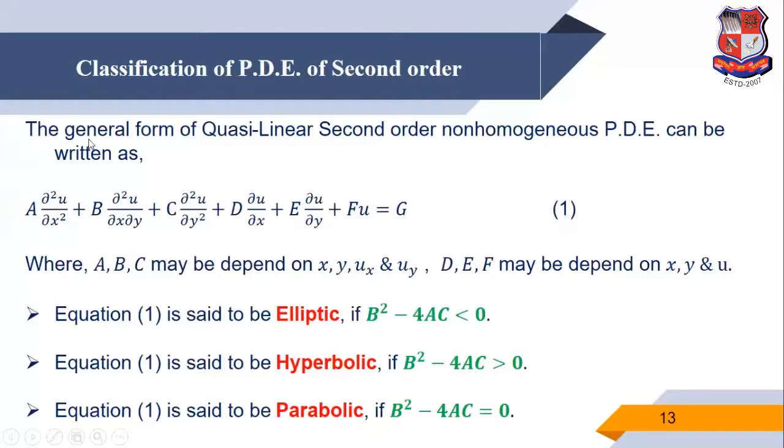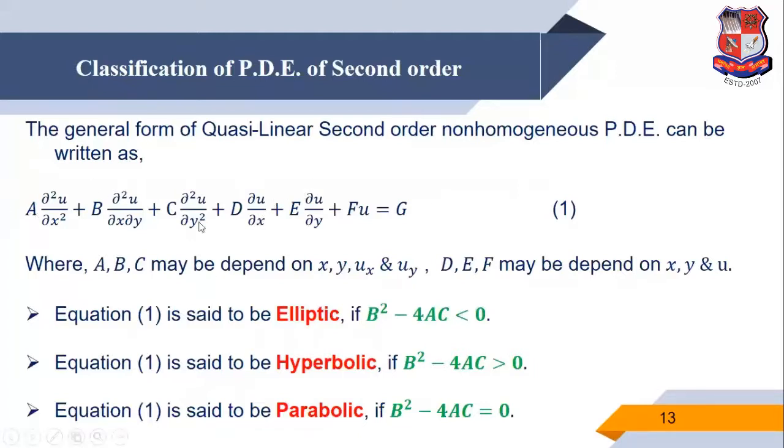So first, the general form of a quasi-linear second order non-homogeneous PDE can be written as A times del squared u by del x squared plus B times del squared u by del x del y plus C times del squared u by del y squared plus D times del u by del x plus E times del u by del y plus F times u is equal to 0. So equation 1 is a second order quasi-linear non-homogeneous PDE.